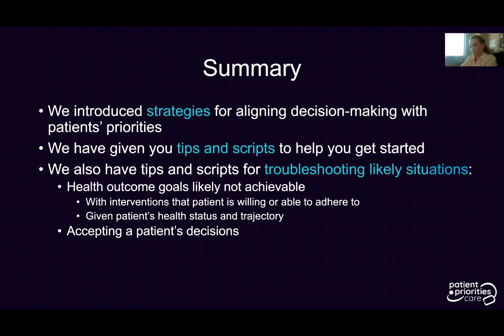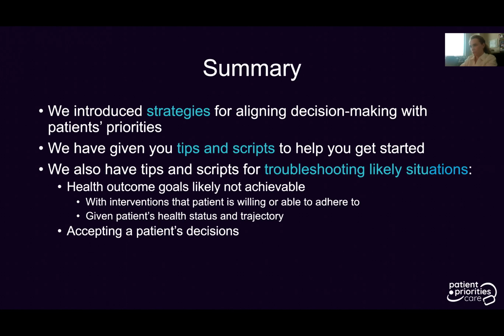We also suggest ways to handle the inevitable situation where you have to accept a patient's decision that you might not agree with, or when there's conflict between two members of the clinical team about what's best for the patient. In each of these scenarios, use the priorities as a strategy and a medium for conversation, for deciding what is an appropriate outcome, and for doing serial trials of different care options to get to those priorities.